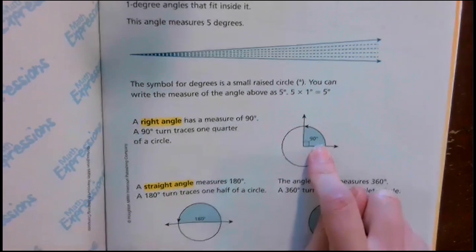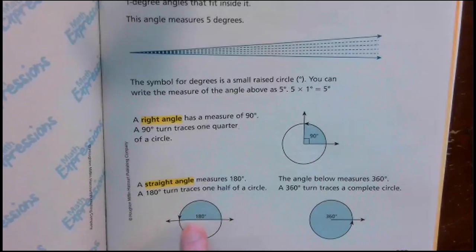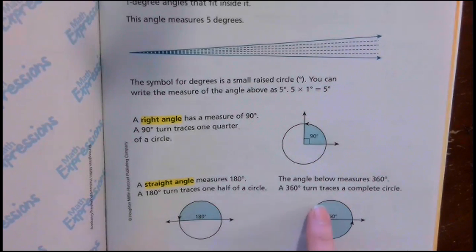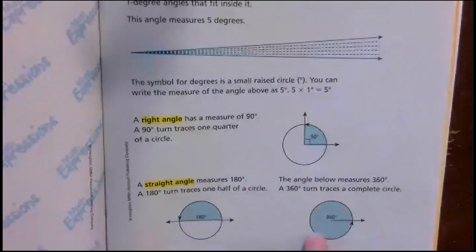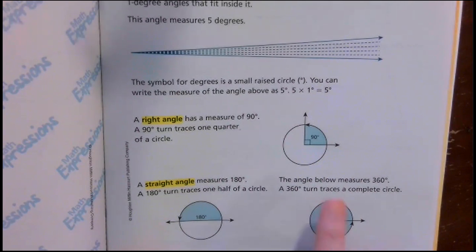A straight angle is 180 degrees, and that's half of a circle, or half of a turn. And then 360 degrees, that's 1 full circle. Every circle is 360 degrees, and it is 1 full turn. So 1/4 of a turn, a half of a turn, and 1 full turn.